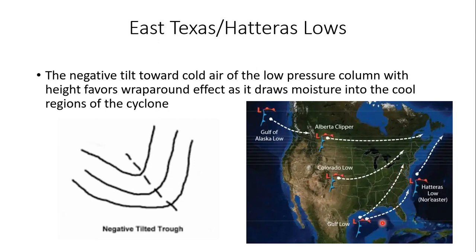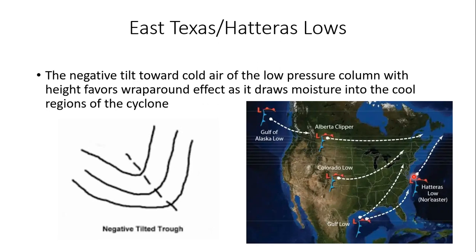In other cases, you get this Gulf low or this East Texas low to generally move out over northern Florida and then right off the southeastern coast. And then sometimes energy will transfer to what's known as a Hatteras Low, just off of Cape Hatteras, North Carolina, and that's going to generally move out towards the North Atlantic. Sometimes these Hatteras lows can result in very intense nor'easters all the way up to Maine.